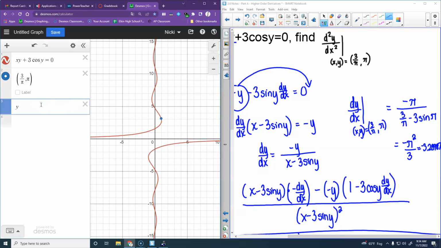We'd have to use the first derivative, which is negative 3.2897 times x minus 3 over pi, plus pi. And we can see we got that part right. But we need to be doing the derivative of the derivative.